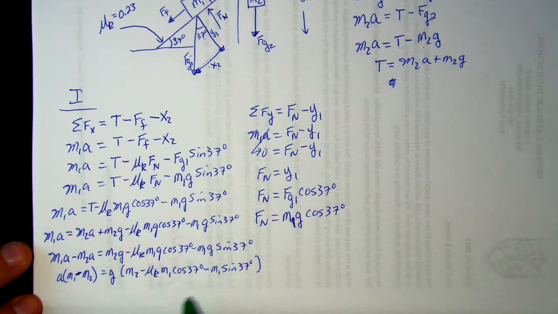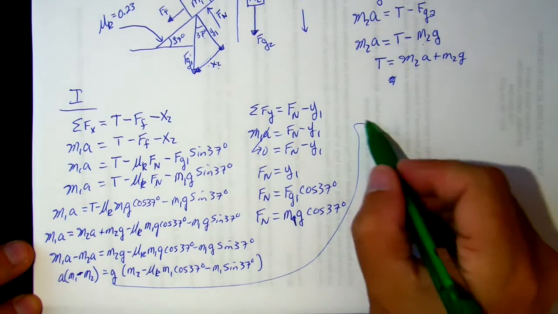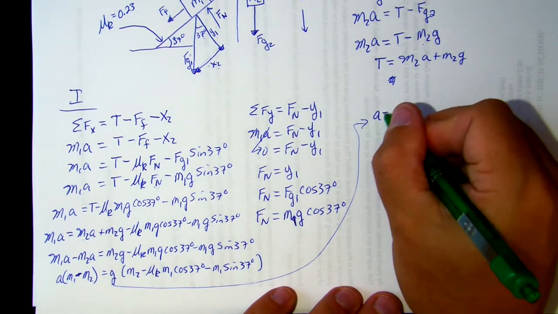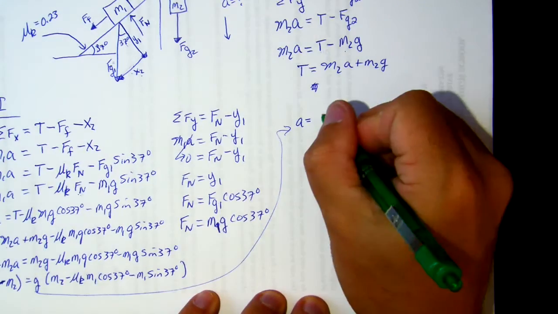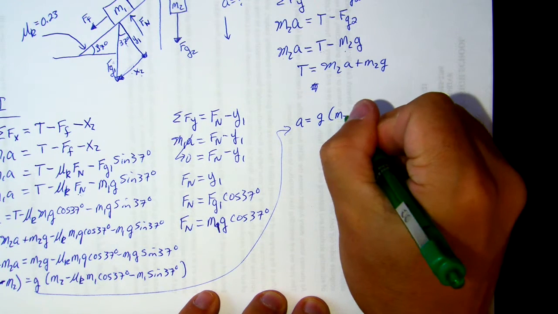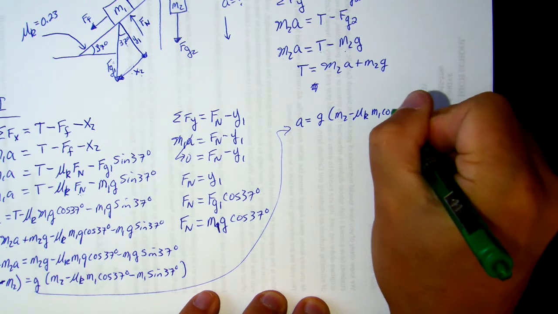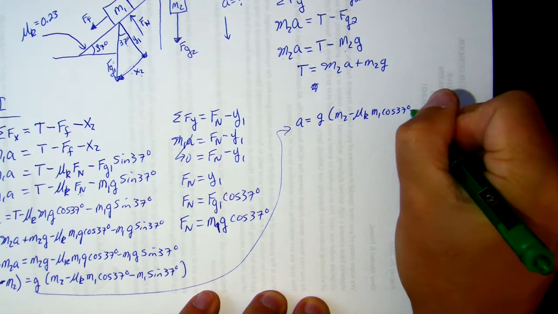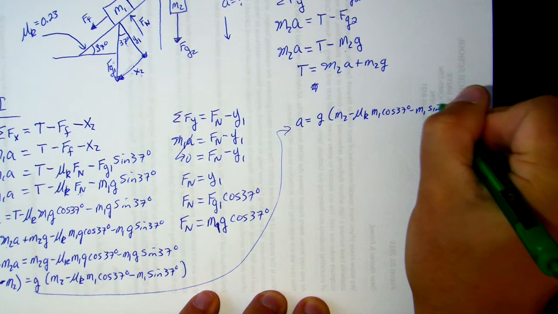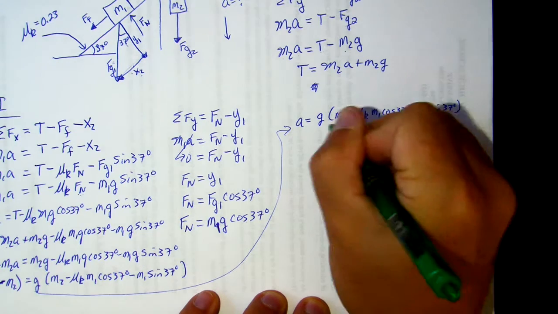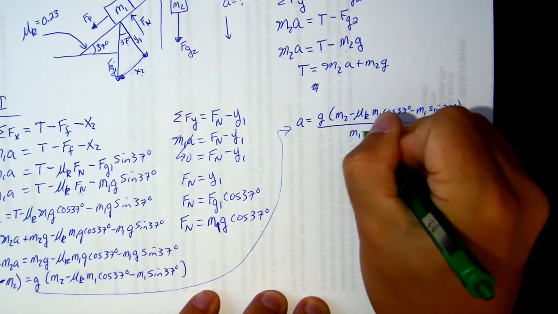Okay, I'm going to divide this over. I'm going to bring it up here so we can see it. So we'll have a equals g times m2 minus mu k m1 cosine of 37 degrees minus m1 sine of 37 degrees, divided by m1 minus m2.